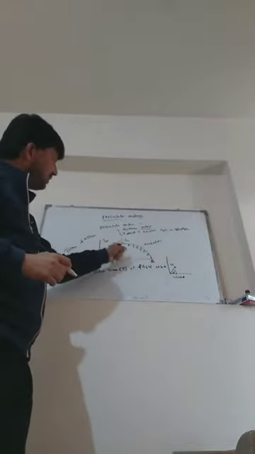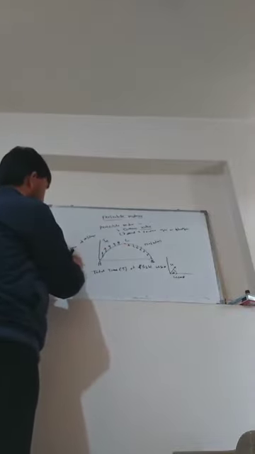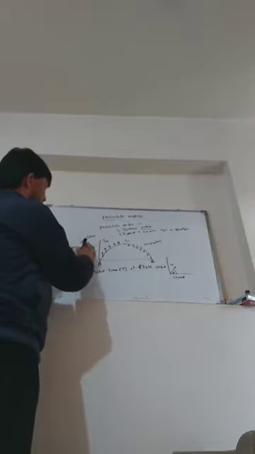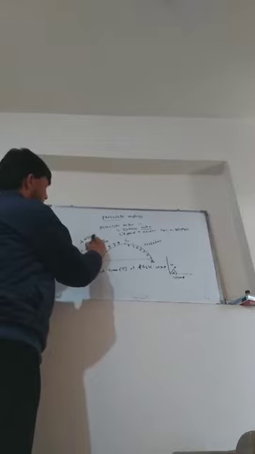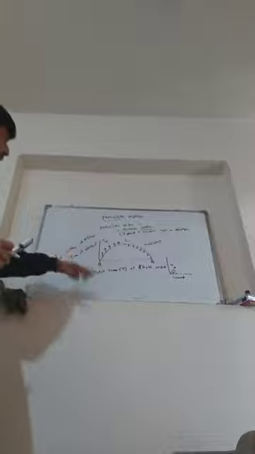From point C to point B, where it touches the ground, is called the time of descent. These are some terms which we have to remember. We have to calculate these also.